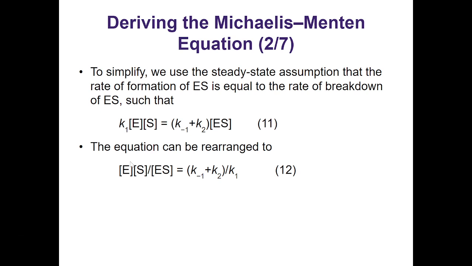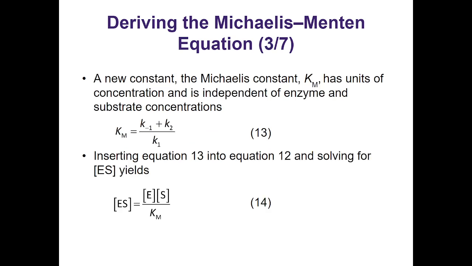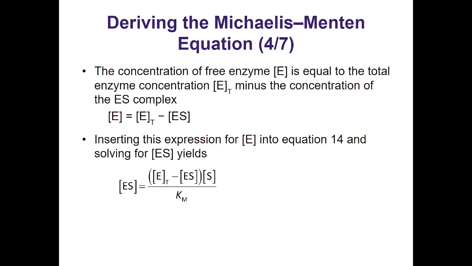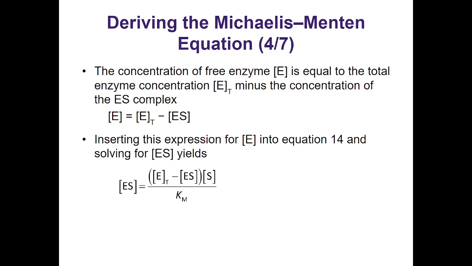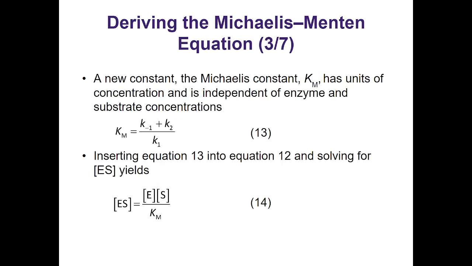A low Km, a small value, is going to mean you have a lot more of the enzyme-substrate together as a complex, which you have to go through to get product. Okay? So ES would be the concentration of the enzyme bound to the substrate. Yep.